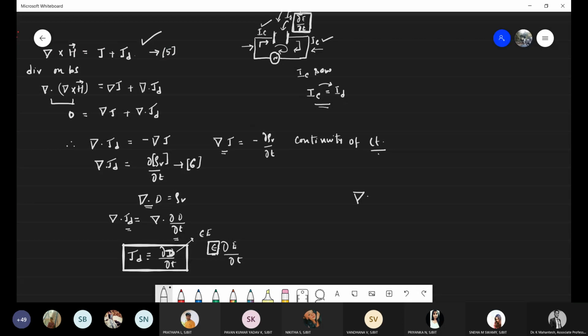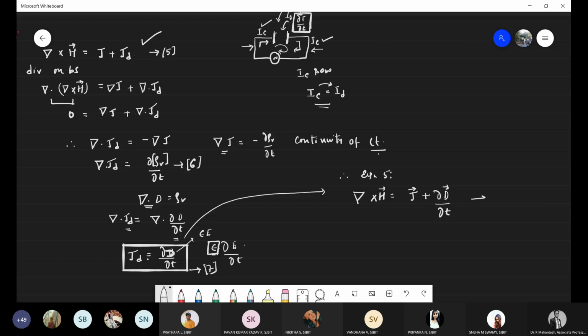So curl of H, therefore equation 5 becomes del cross H is equal to J, this current density, plus dou D by dou T. I'll call this equation 6, and I'll call this equation number 7.